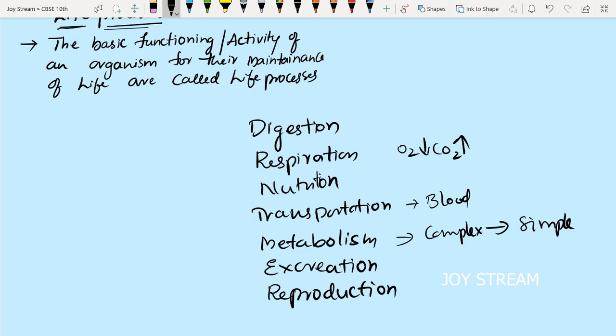After the digested food is absorbed by the body and it is transported to the several parts of the body, then the undigested food is eliminated outside the body. Then reproduction. Giving life to a new thing. Giving life to a new offspring. From one life giving life to another one. So this is called reproduction.